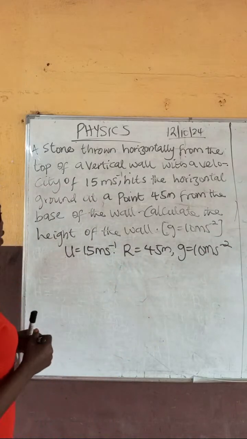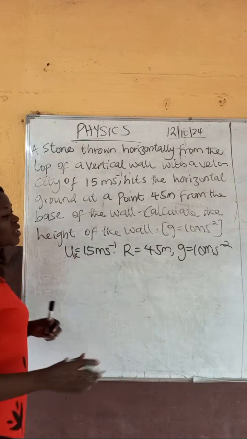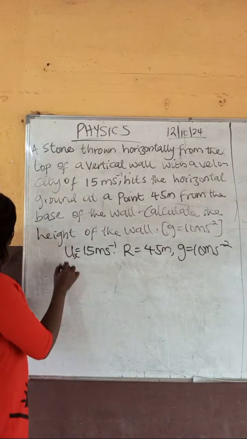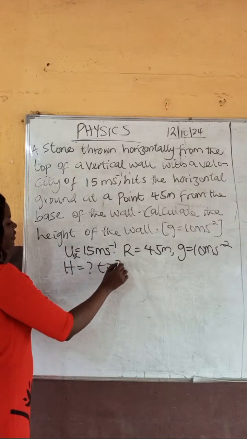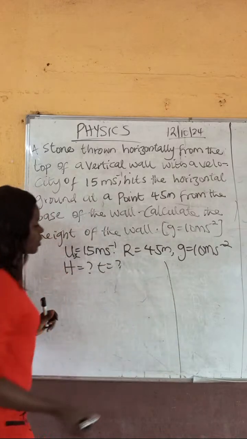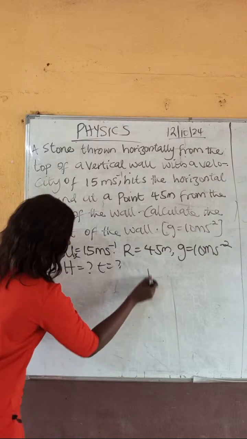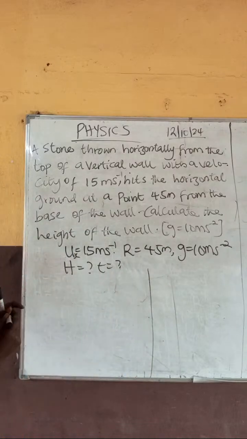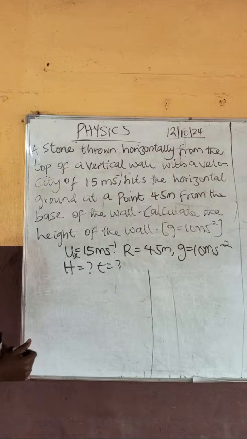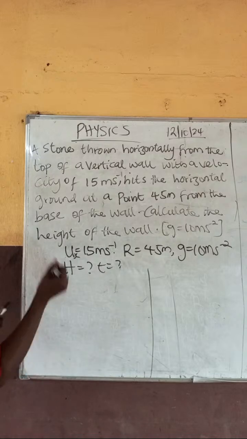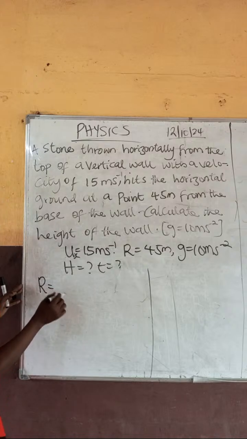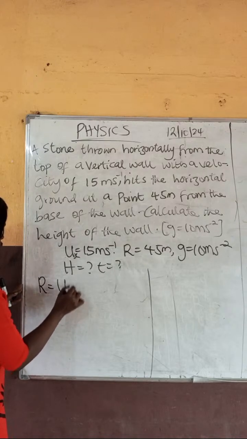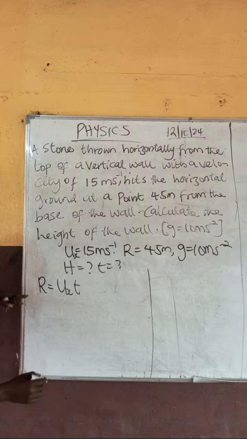Now the first thing we are going to do is to get our time. We are looking for height, okay? And we don't have time. So what we are going to do now is to use our range and get our time. We say R is equal to Ux times t. Now what's my R?